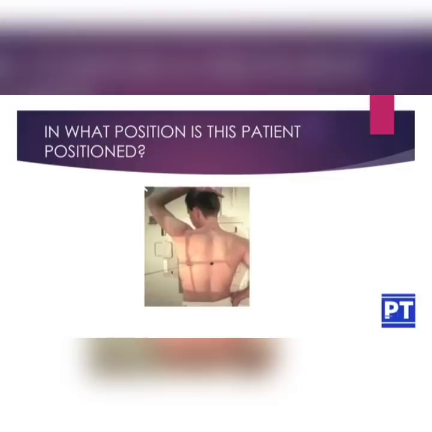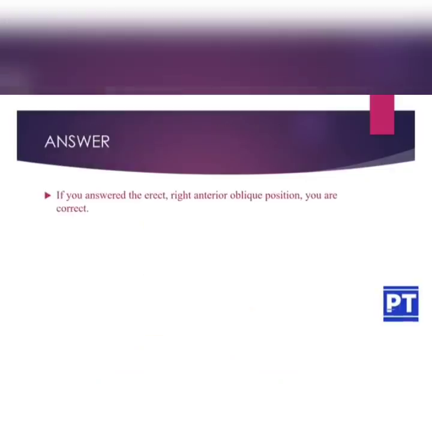Is it the patient's right side or left side, and the ray is entering through the posterior aspect? So the patient is in oblique position. Which oblique position is this one? If your answer is erect right anterior oblique position, then you are correct.